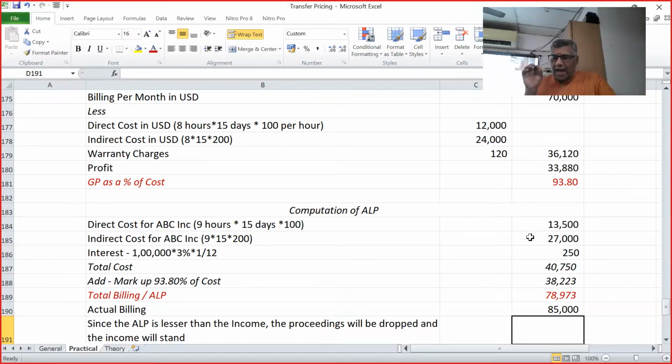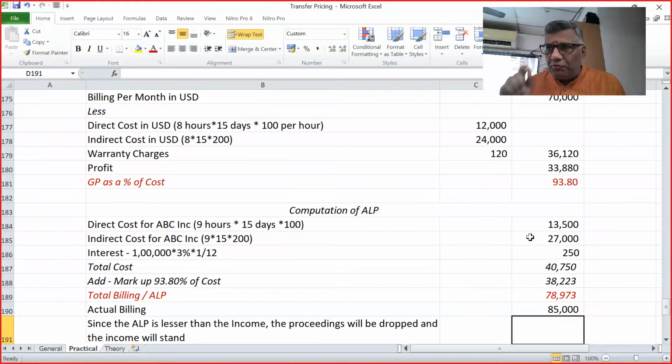Sir, direct cost plus indirect cost, all cost plus my GP. Sir, is it my cost, sir? இப்போ எனக்கு I incur 1,000 rupees as cost.